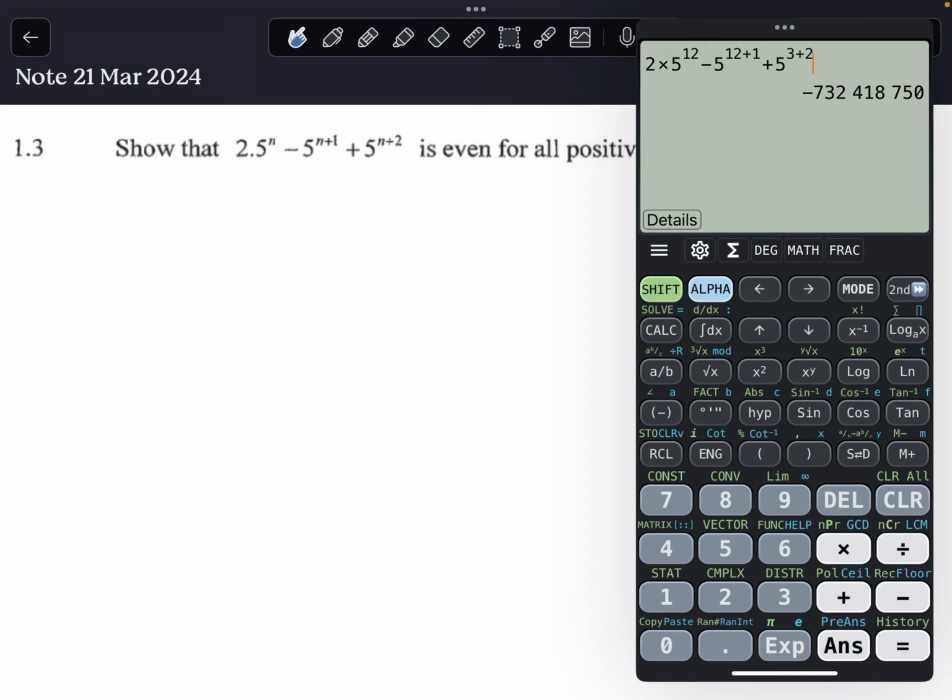Okay, this is not going to work. So, that's one way to do it. 12 plus 2. And that gives us 5,371,093,750. Wow, that's a very bombastic number. But it's even, which is the most important thing.